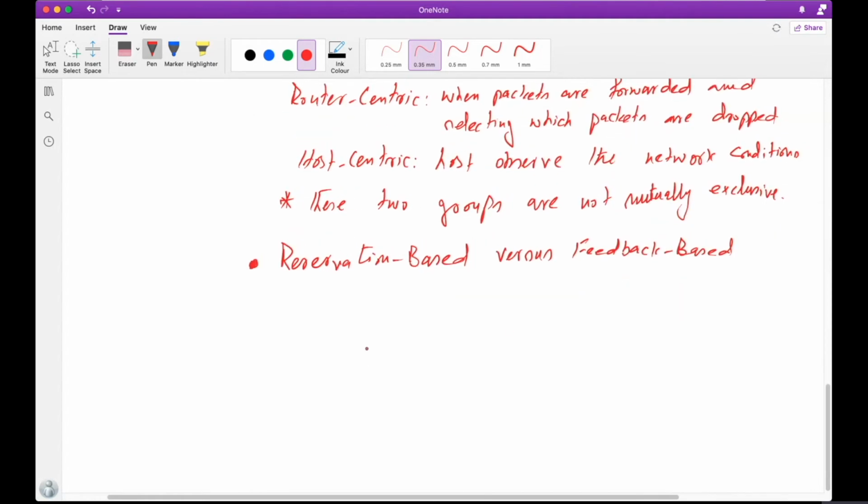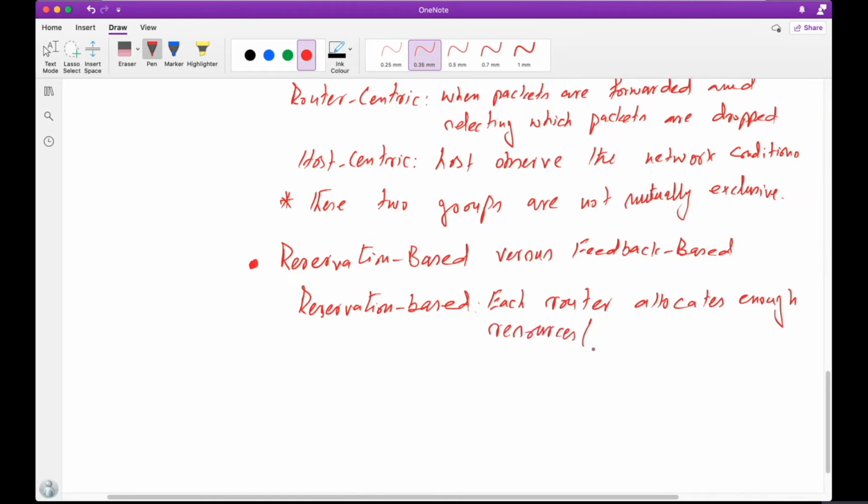Okay, so what do you mean by this reservation based? By saying reservation based, it means that each router allocates enough resources.